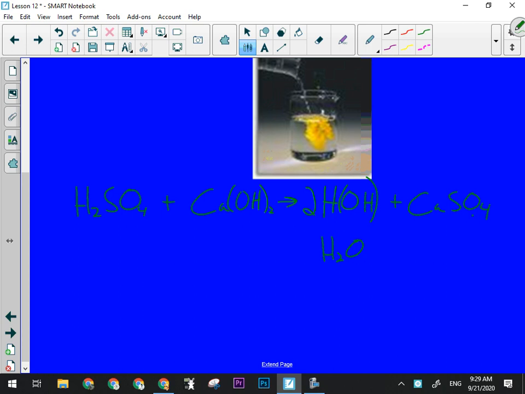Water. It's 2 hydrogens and 1 H. Okay, we just write it this way because it's easier to trace where everything came from. So water and an ionic compound, salt and water. Anytime you have an acid-base reaction, you get salt and water. Okay, a salt, an ionic compound, and water, as your products.